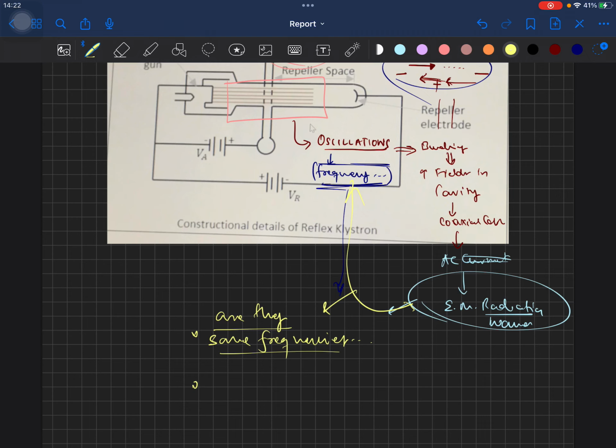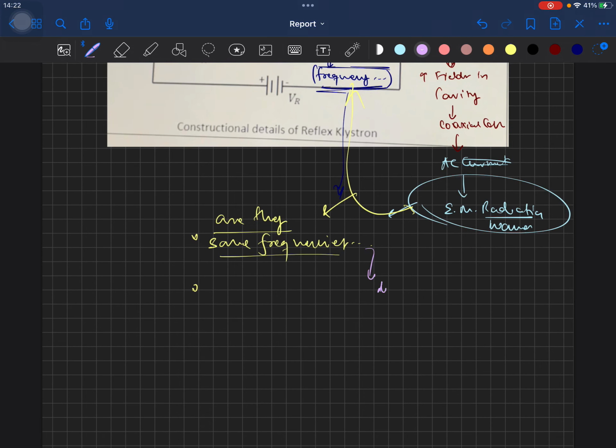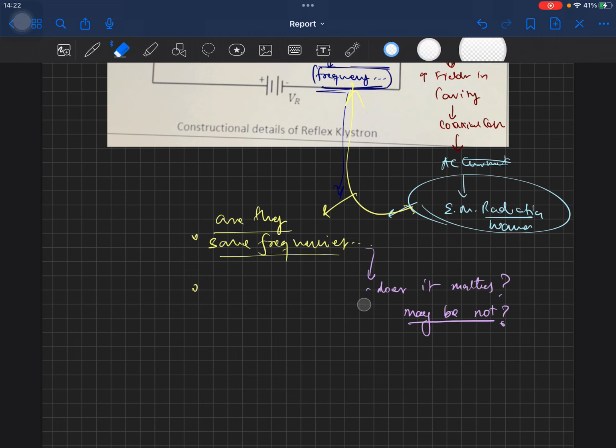With repeller voltage, is the frequency changing, and all that stuff. Okay, so does it matter? Maybe not.